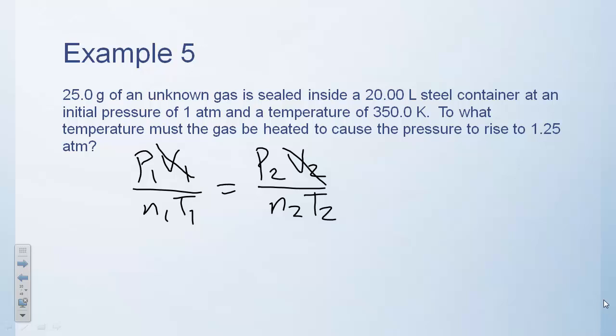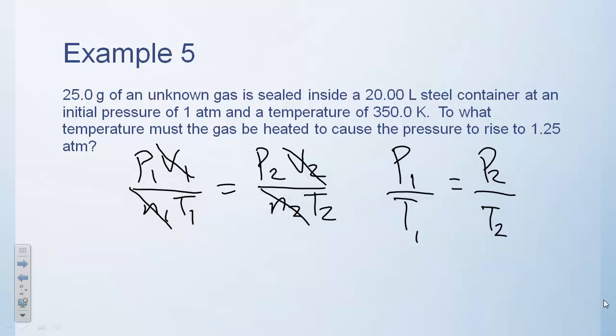And if the container doesn't leak, the same 25-gram sample available at the beginning of the problem is also available at the end, so N1 cancels with N2. In other words, N1 equals N2. And so we're able to take this relationship and rearrange it to suit our needs. So P1 over T1 is equal to P2 over T2.